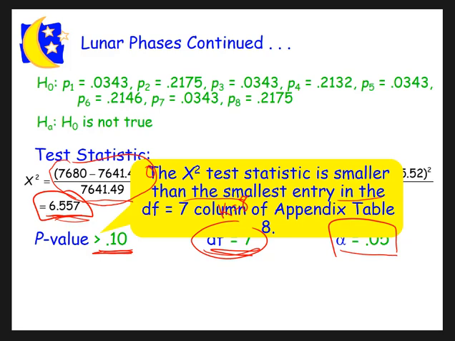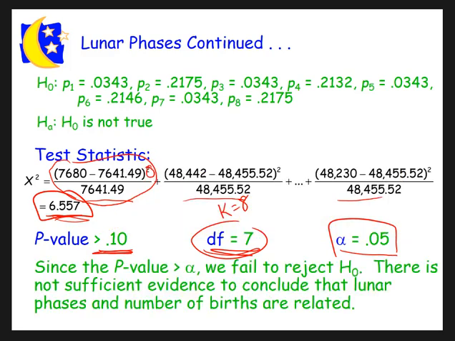So the p-value has to be larger than 0.10. So since our p-value is greater than alpha, we fail to reject H0. There is not sufficient evidence to conclude that the lunar phases and the number of births are related.